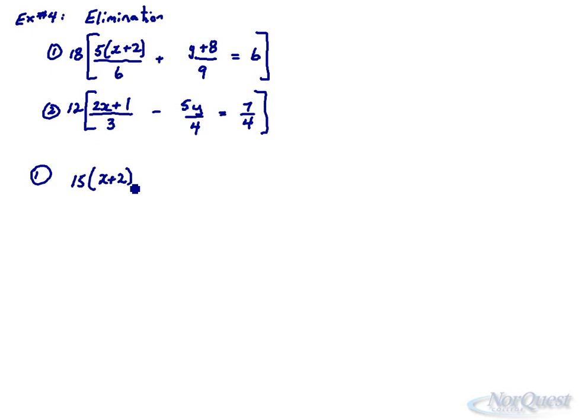But 18 divided by 6 gives me 3. Multiply by the top, 3 times 5 is 15, and I'll multiply it by (x plus 2). My second term, 18 divided by 9 is 2, times the numerator, which is (y plus 8), and 18 times 6, I'm going to punch it in my calculator just to make sure I'm right, is 108.